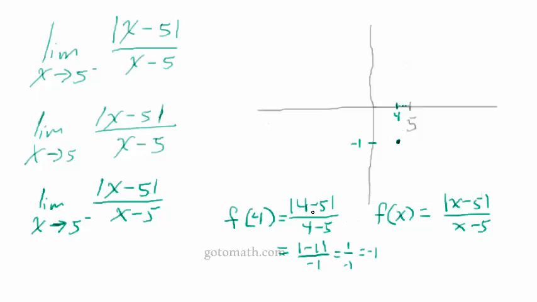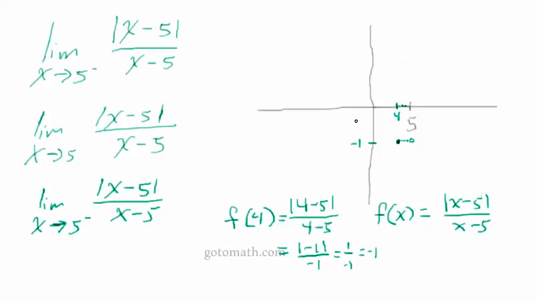No matter what we plug in here, you're going to end up getting negative 1, except you can't plug 5 in because we end up getting 0 over 0. So you see there's a hole here in the graph, a missing point. But all these other numbers are going to end up being negative 1. No matter what you plug in, 4.3, 4.2, it doesn't matter. It's all going to be negative 1.